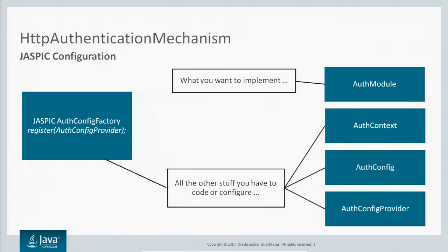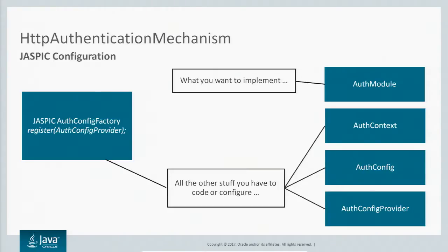The things you would have to do to use JASPIC today would be you'd need to write an auth module, which is the thing at the top right. You'd also need to write an auth config provider, which would be responsible for handing out auth configs, which would be responsible for handing out auth contexts, which is responsible for invoking on the SAM. The piece you want to implement is just the top right part, the auth module.